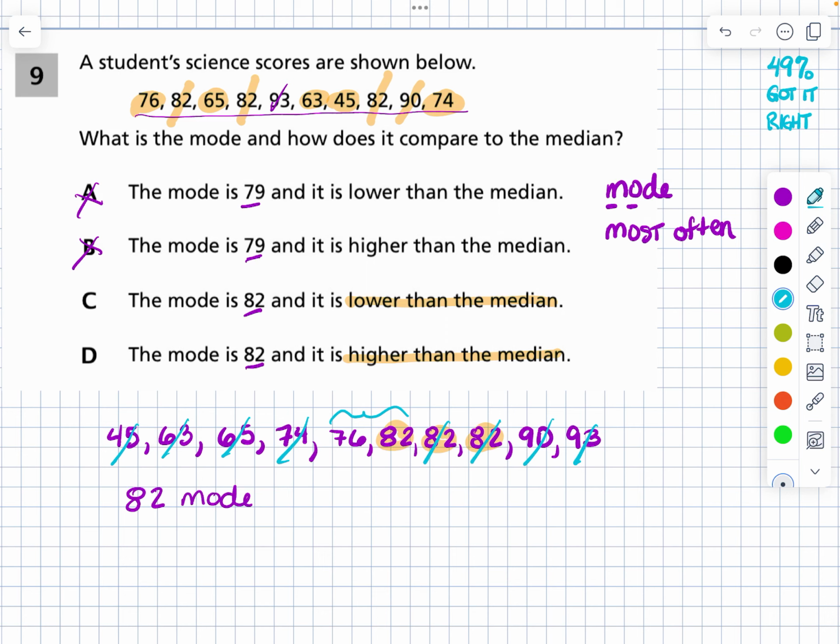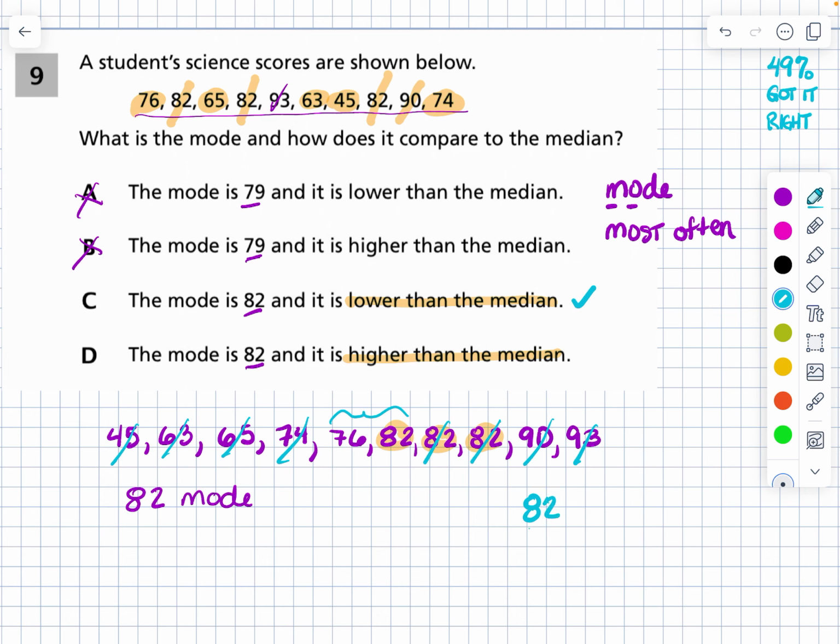Okay, so what we do in that case is we take the 2 numbers and divide by 2, and I can see if I got an 82 and a 76, those combined divided by 2 is going to be less than 82. So it's going to be lower than the mode. So this should be our answer. But let's do it.